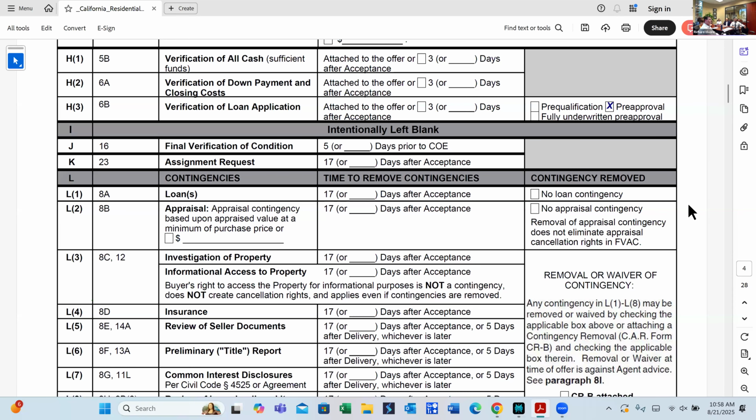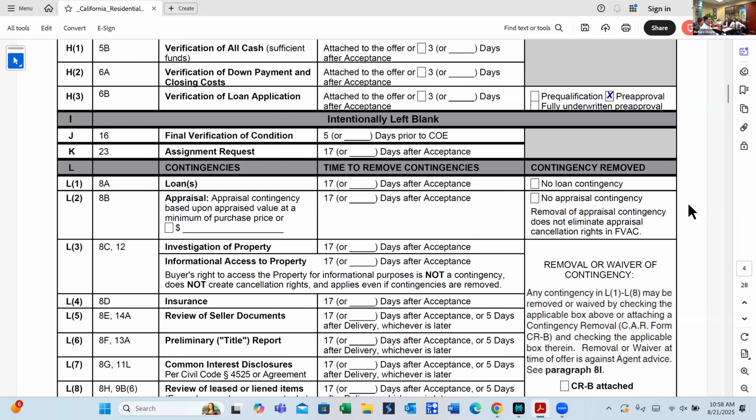So there's something that's not uncommon. Or if you're going to add someone to the contract, that's an assignment, correct? Or maybe there's 3 people on the purchase contract and you're eliminating one of them. So those 3 people are assigning their interest to the remaining 2 parties.